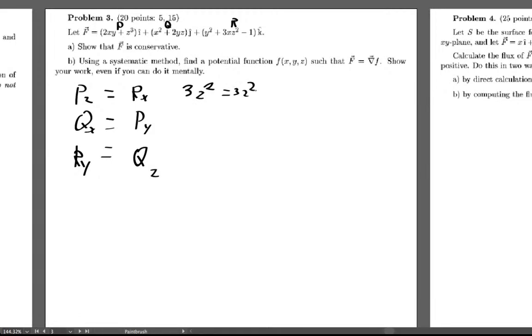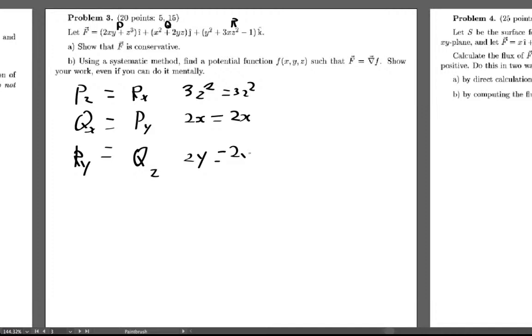What about Qx and Py? The partial derivative of Q in terms of x would be 2x. What about Py? That would be the same thing, 2x. And lastly, for Ry, it's going to be 2y and 2y.